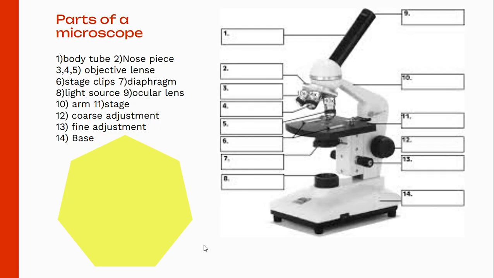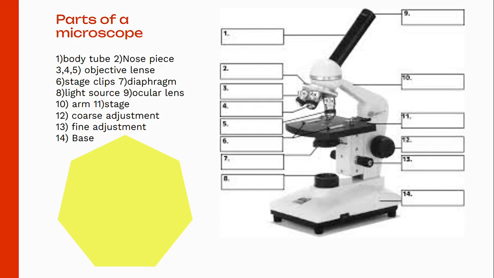So 1 is going to be the body tube, which is connecting the nose piece, which is 2, and the ocular lens, which is 9. 3 through 5 is the objective lenses. Each one is going to be a different magnification than the one before.